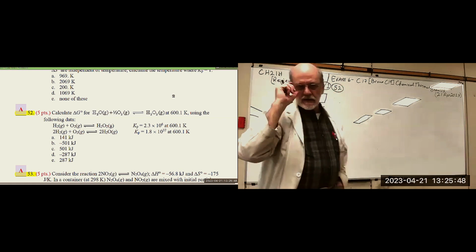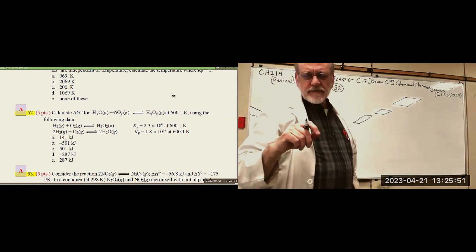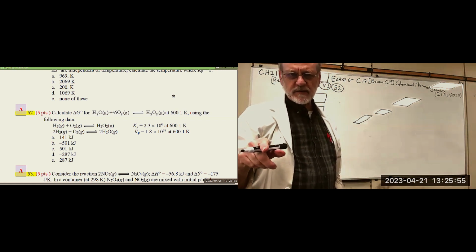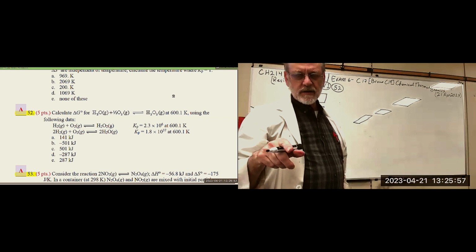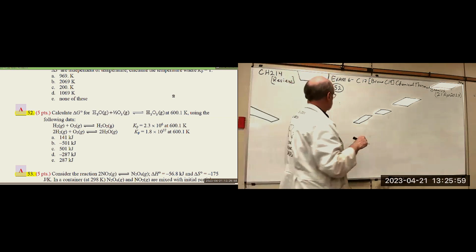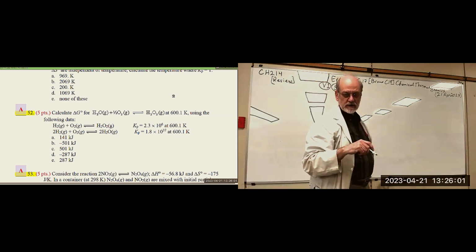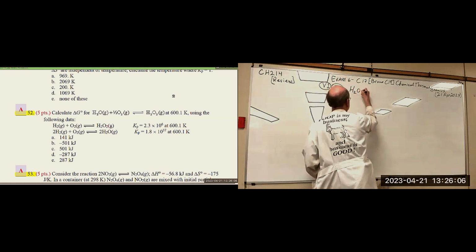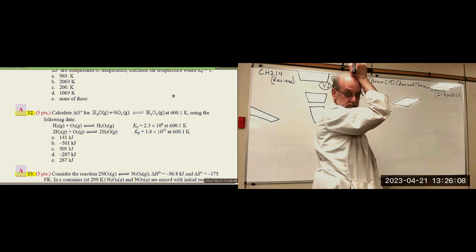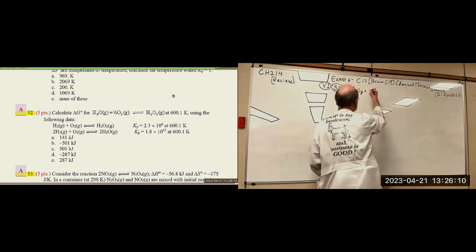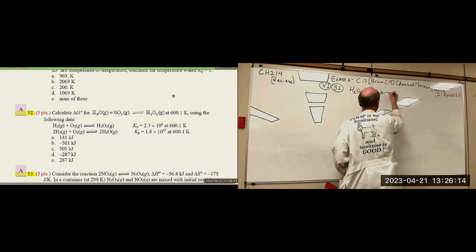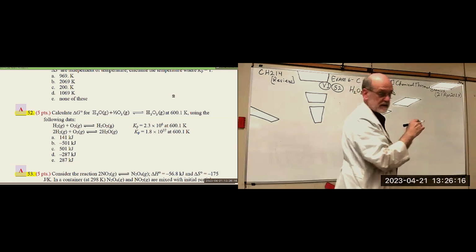Calculate the delta G for water plus oxygen yields hydrogen peroxide at 600 K using the following data. So this is our target equation: plus 1/2 O2 and H2O2.